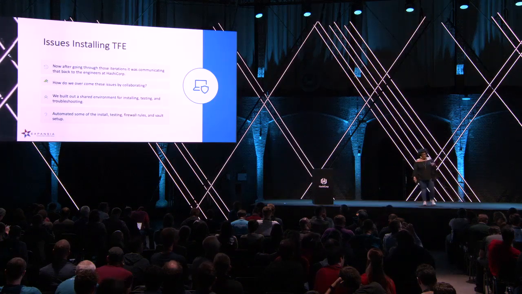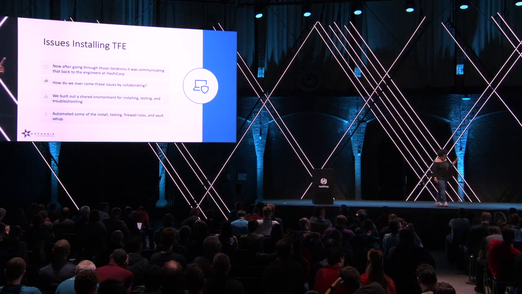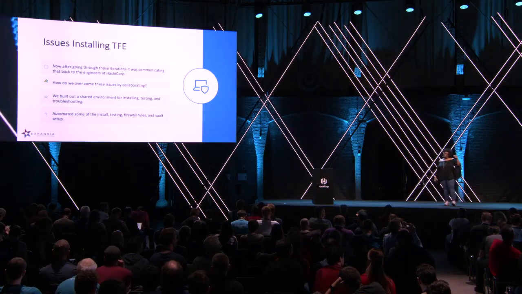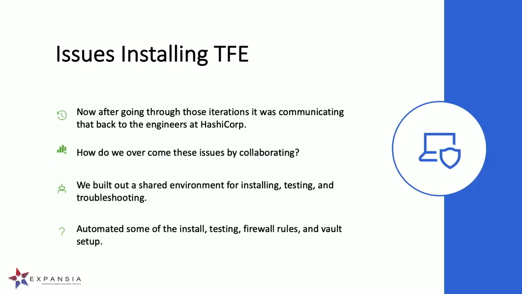The summary of those issues is that, after communicating back and forth with HashiCorp, we actually got it stood up. We also did a lot of collaboration back and forth on the issues that we had, and some of the issues that we had were actually implemented into Terraform Enterprise. So I'll take the yay on helping someone else on their next deployment.